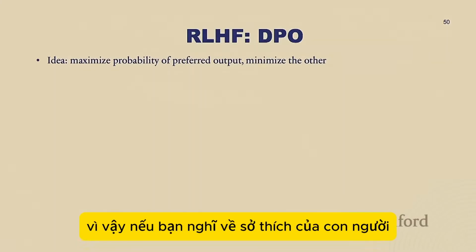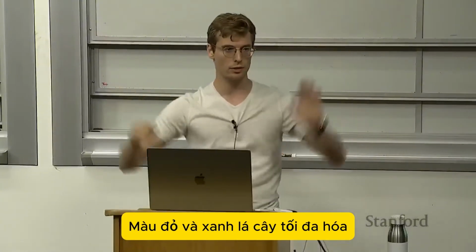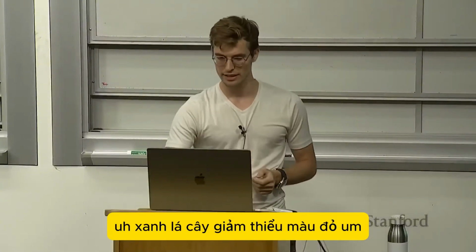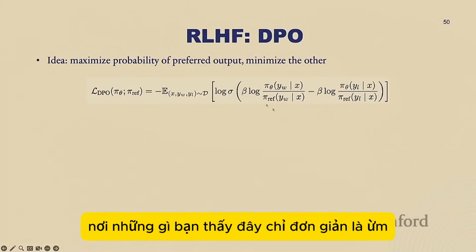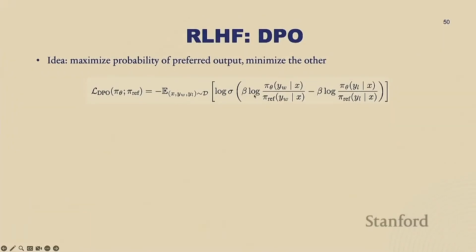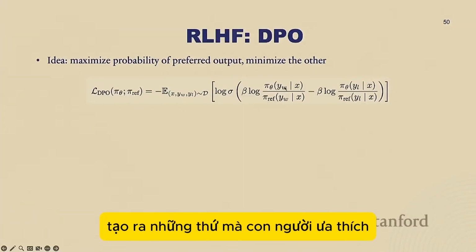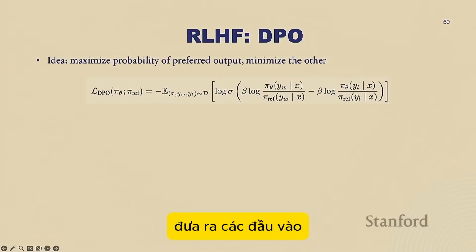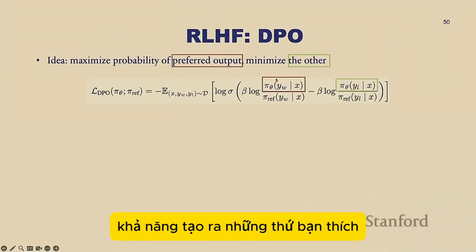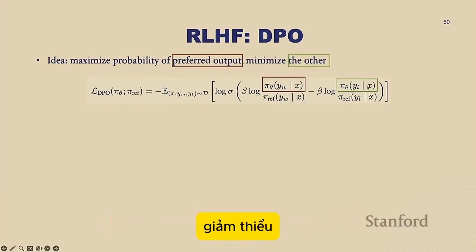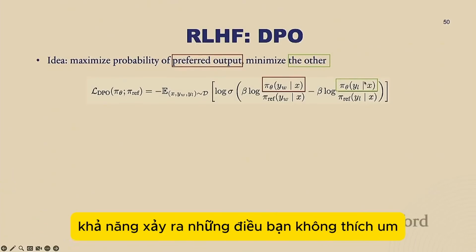If you think about the human preference, the red and green: maximize green, minimize red. The loss is this one, where this is simply some log of the model. This is the likelihood of the model generating the things that the human preferred given the inputs. What you try to do is maximize the likelihood of generating the things that you like and minimize the likelihood of the things that you don't like.